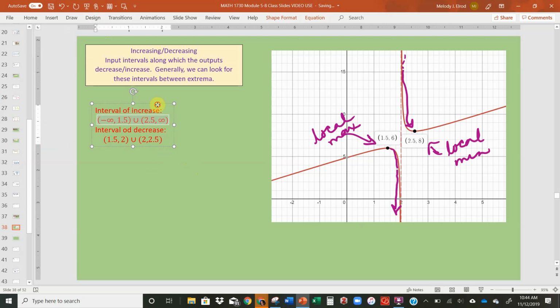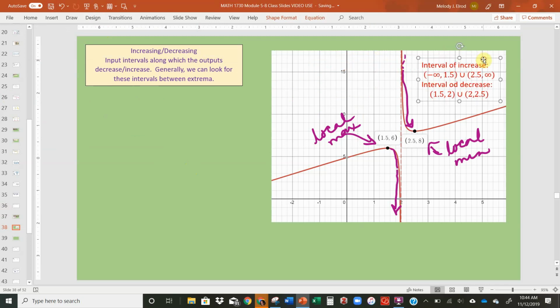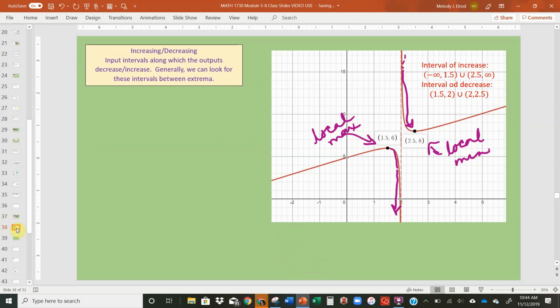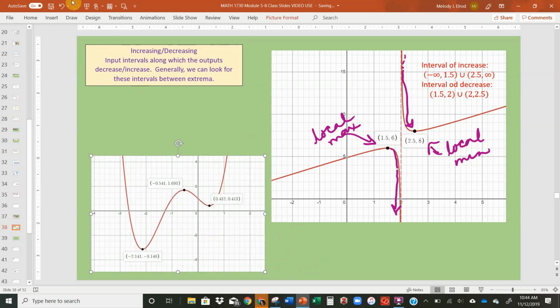test 4. If we wanted to do something similar with the problem from the previous slide, let's pull that over. Let's see here, it's right here. So let's pull this guy in, copy. Let's paste him in here. If we wanted to look at the intervals of increase and decrease here, let's take a look.